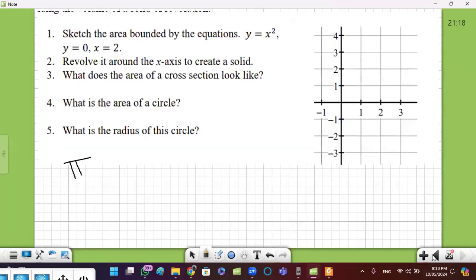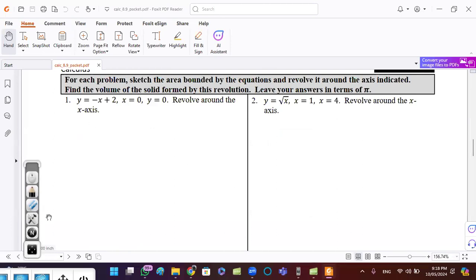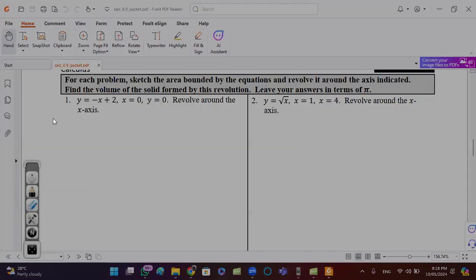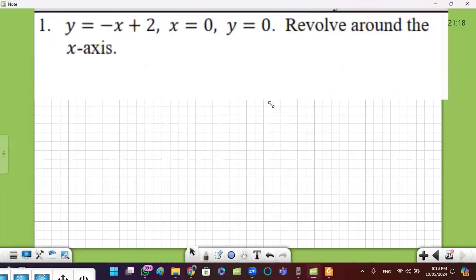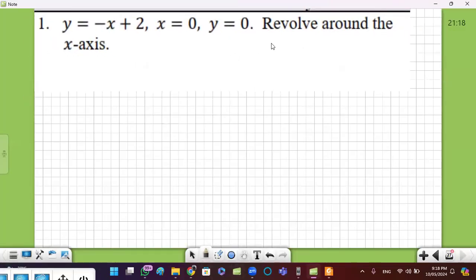Let's take this one because he has tools to graph. Let's start. Revolve around the x-axis. So I will say y minus y, integral from x equals 0, y equals 0, I'm sorry, x will be 2, from 0 to 2. Y equals 0.